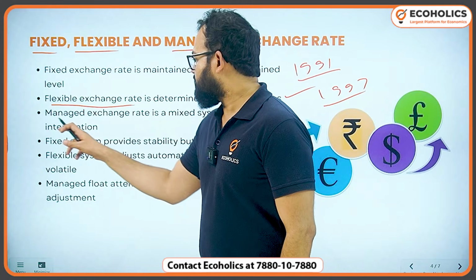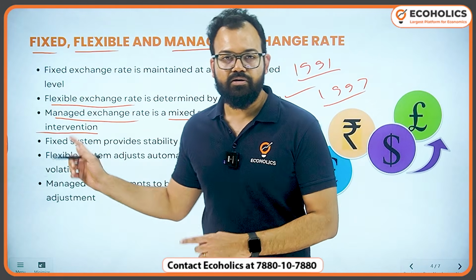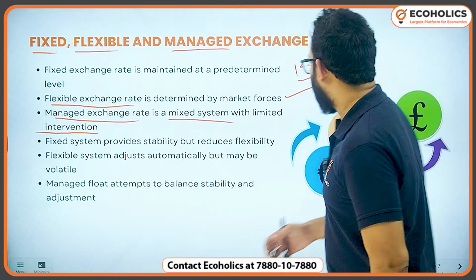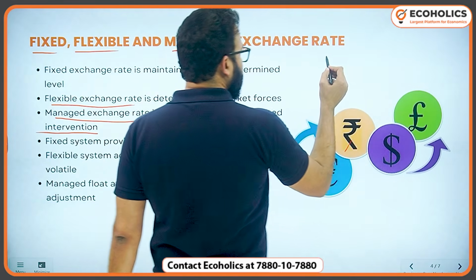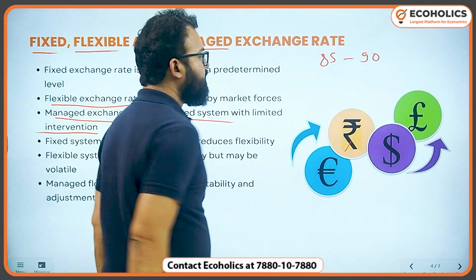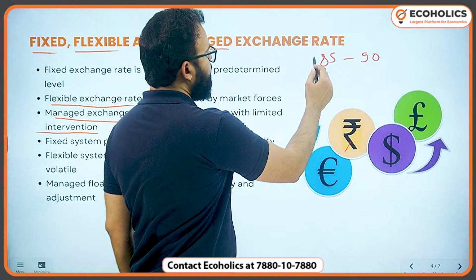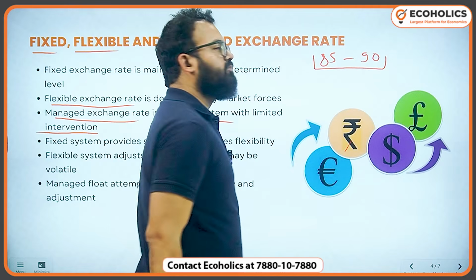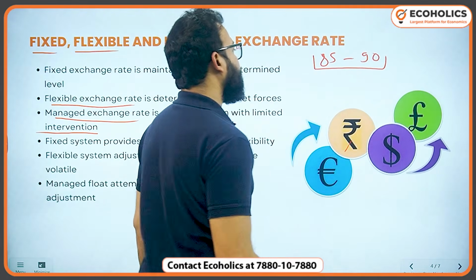This is the managed exchange rate, a mixed system with limited intervention. This is what the majority of countries are following right now. I'll explain this in a simple sense. For example, RBI is thinking in its mind that this is the band. If the exchange rate remains in this band, RBI will not intervene or do anything. If it goes beyond that, then they will intervene.